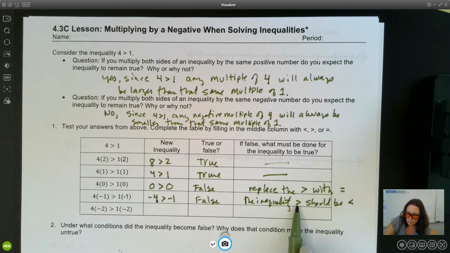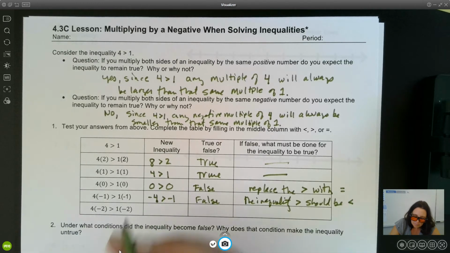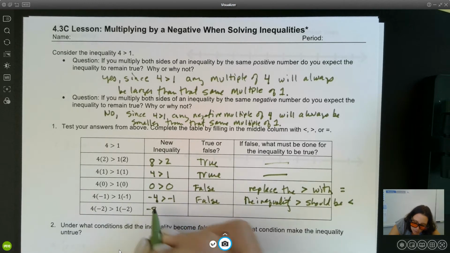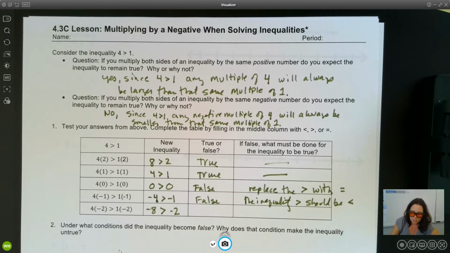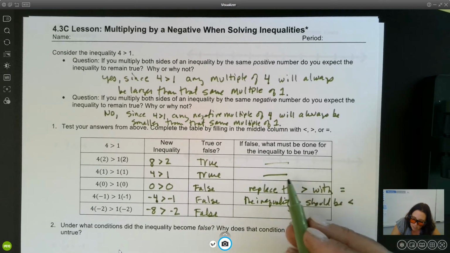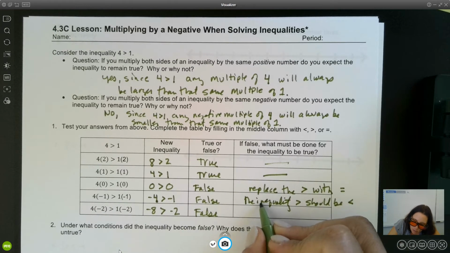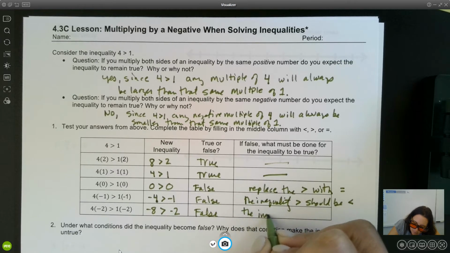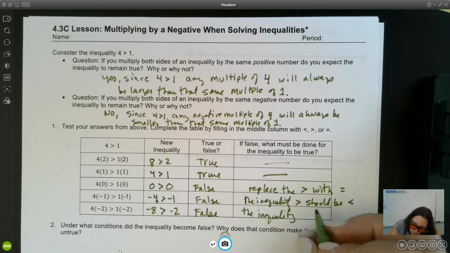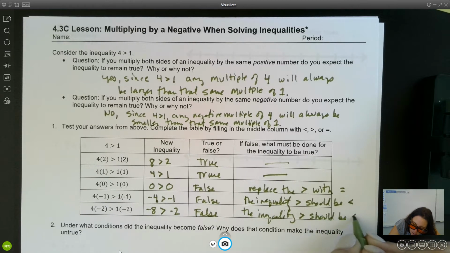So if you flip that inequality, you would make it a true statement. 4 times negative 2 would be negative 8 is greater than 1 times negative 2, which would be negative 2. Is negative 8 greater than negative 2? No. What must be done to make it true is the same as this one. The inequality greater than should be is less than.